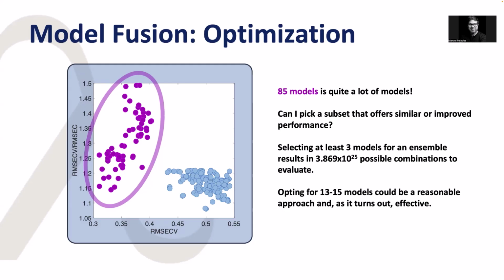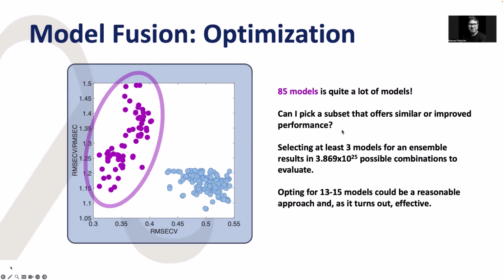This is not the case, because we are really optimizing these models to be as good as possible. So 85 models might be an overkill. And we started asking, well, what is the easiest way that we can find a subset of these models that actually shows an improved performance?